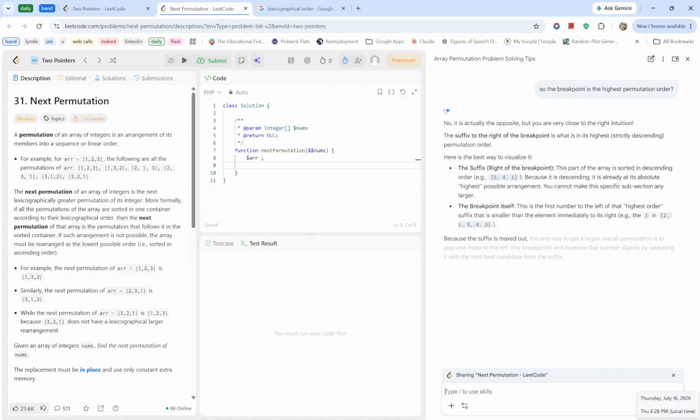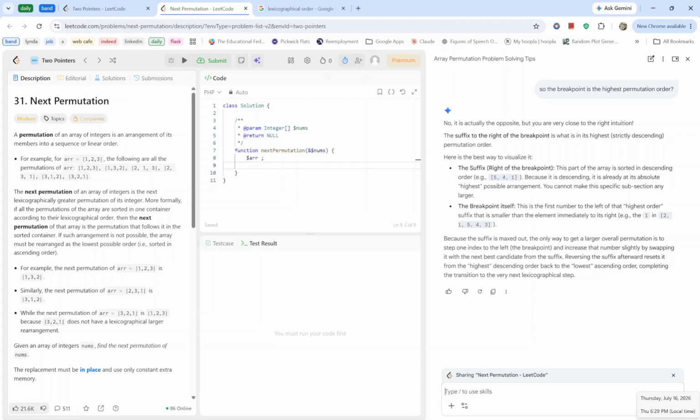No, it is actually quite the opposite, but you're very close to the right intuition. The suffix to the right of the breakpoint is the highest strictly descending permutation order. Here is the best way to visualize it. This part of the array is sorted in descending order, 541, and because it is descending, it's already at its absolute highest possible arrangement.